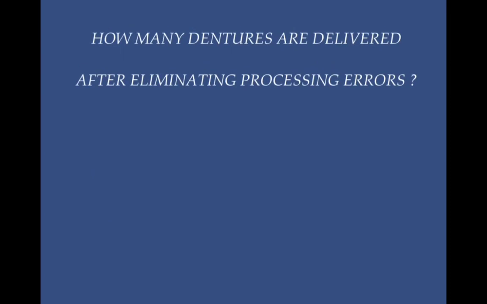So how many dentures are delivered after elimination of processing errors? It's just a mere 10 to 20%. Many people, even if they know, because of their busy clinical schedule, don't give much priority or importance to the procedures which the lab technician goes through.